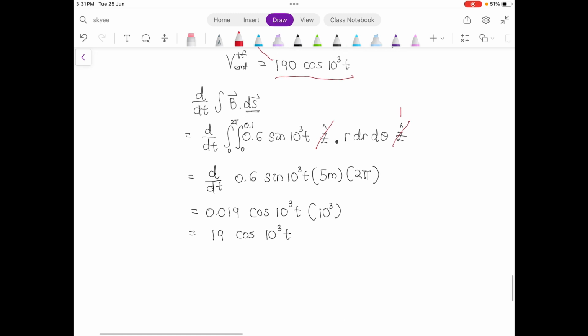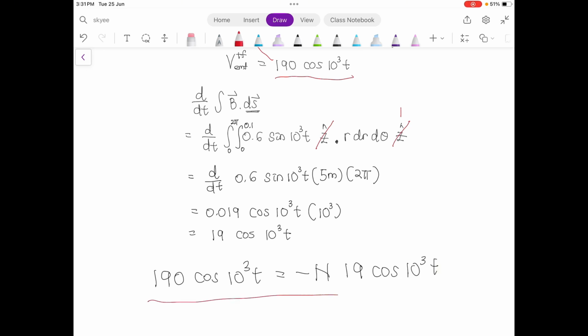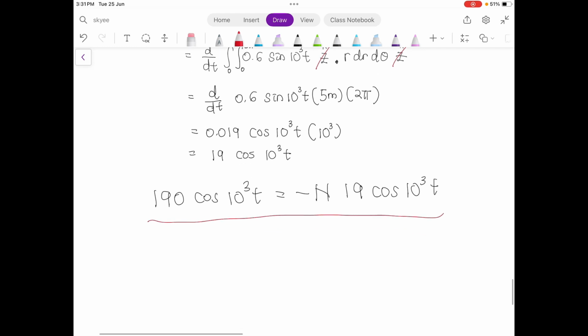Now I put it together: 190 cos 10^3 t is equal to negative N times 19 cos 10^3 t. What I'm writing here is V transformer equals negative N times d/dt of the integral of B dot dS.